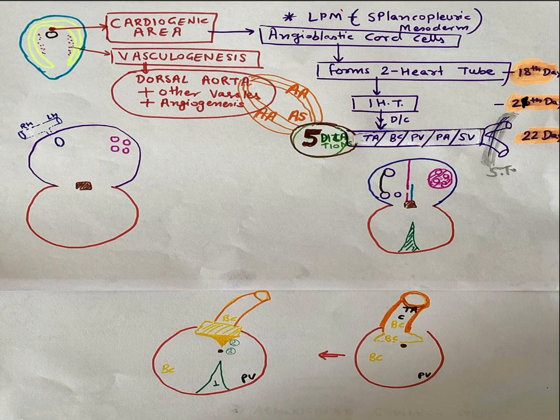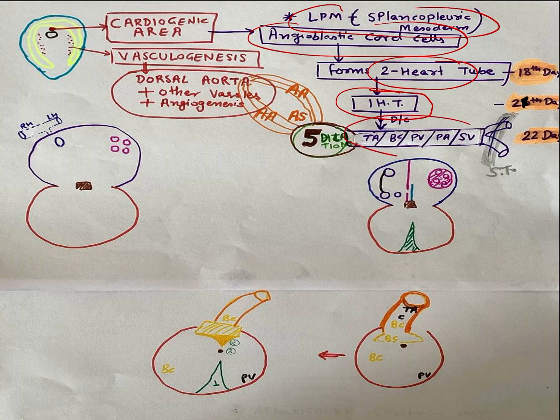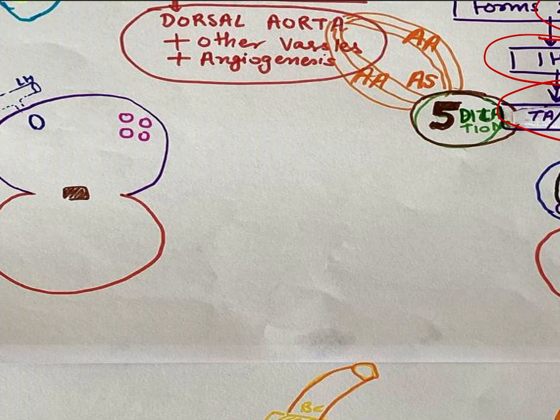Again repeating the same things: lateral plate mesoderm, angioblastic cords, two heart tubes form a single heart tube with these 5 dilatations. Now what is this diagram showing?